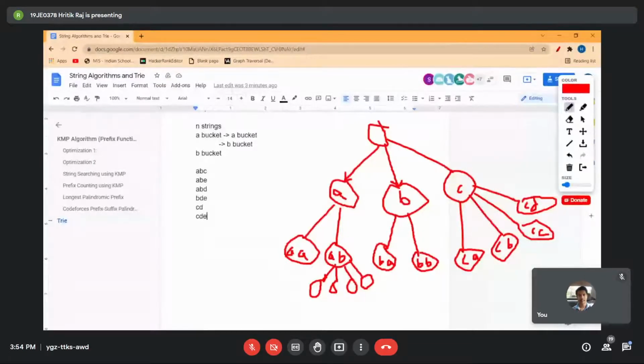A little bit greater than nm nodes, because for every node we are assuming A, B, C, D, E, F, G, H, up to Z. For this node, we are considering AA up to 26 nodes. Even if AA is not present among the n strings, we are still considering it. So even with 26 nodes for each of these nodes, it will be at max nm into 26, isn't it?